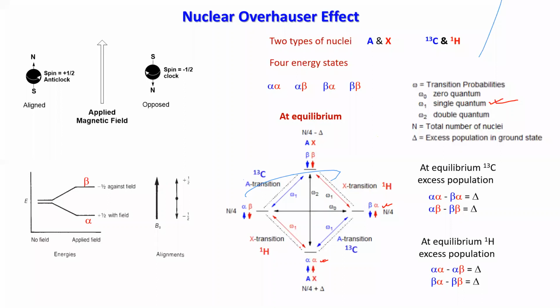We have to first irradiate the proton to make it saturated. Understood? So that's why we are doing the transition of the proton nuclei, the X transition. So we have to do the irradiation in those two situations.